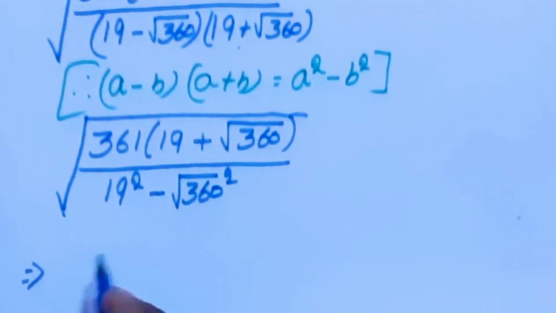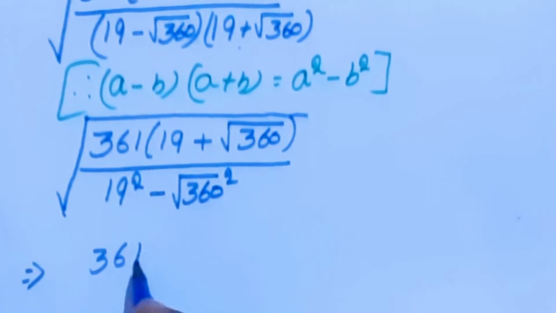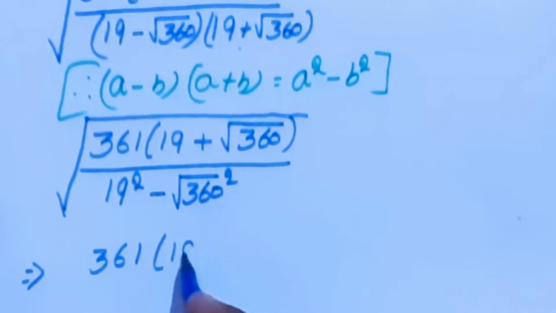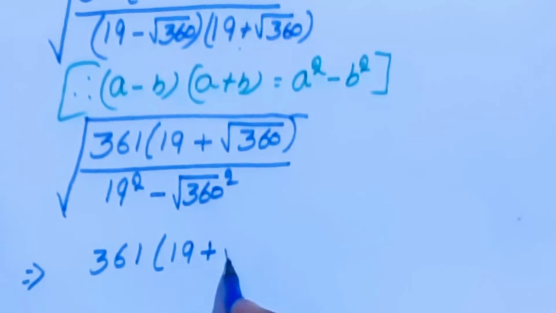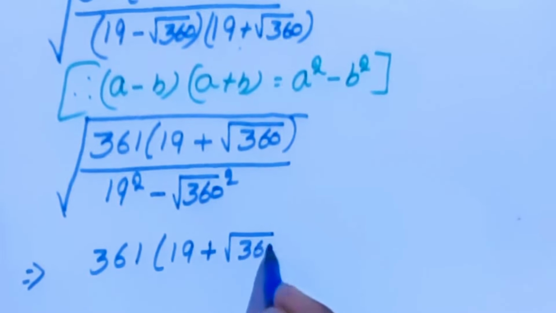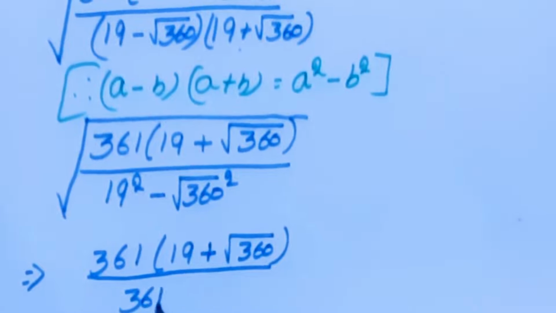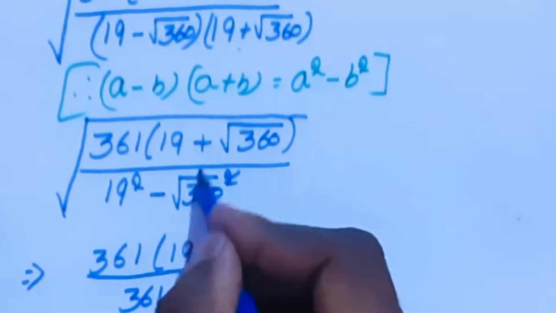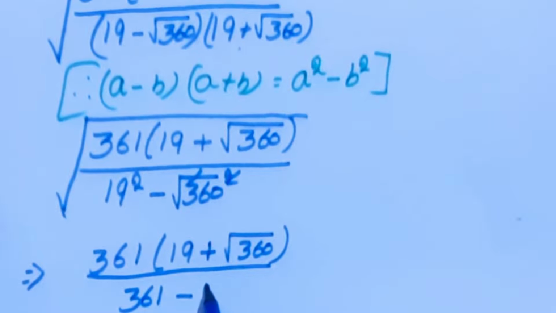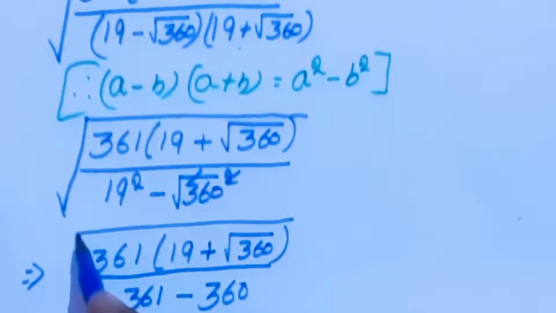Now 361 times 19 plus square root of 360 by this 19 square is 361 minus this square, and square and square root will cancel each other. So 361 whole square root.